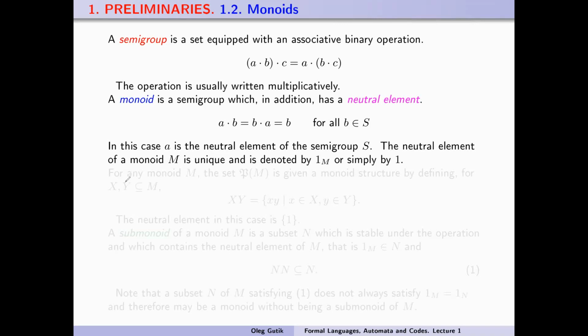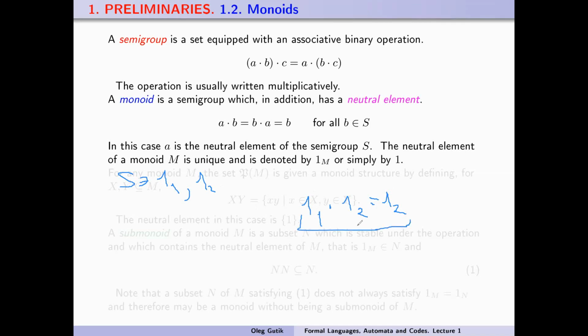So suppose there exists a semigroup S, a monoid S, which contains two unit elements, 1_1 and 1_2. Since the element 1_1 is a unit element, we have that 1_1 multiply 1_2 is equal to 1_2.